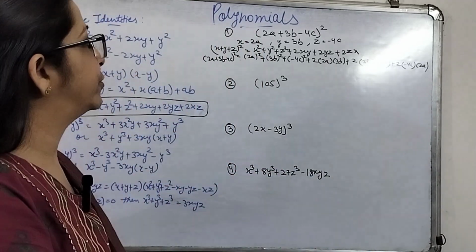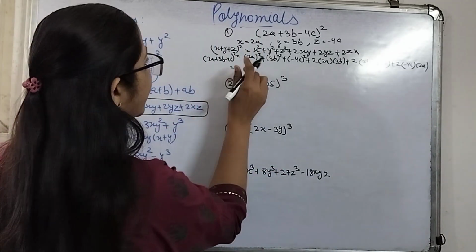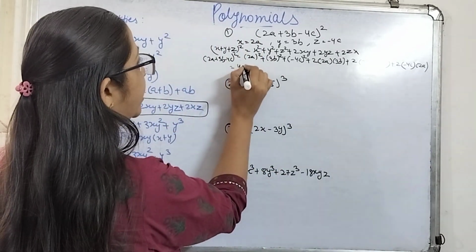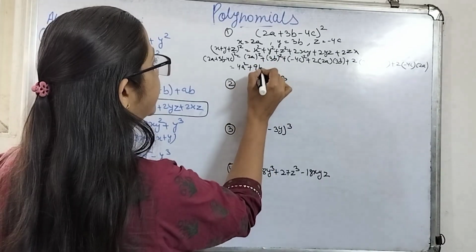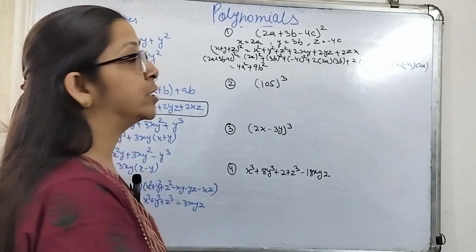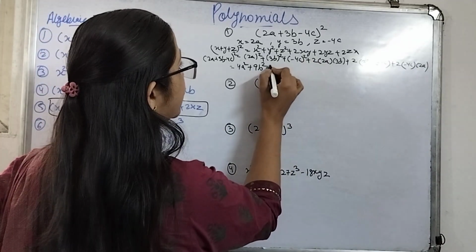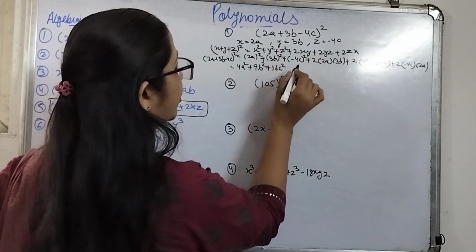Now if we solve it further, 2a square will be 4a square, 3b whole square will be 3 3s are 9, b square, minus 4c whole square will be minus 4 into minus 4 will be plus 16c square.